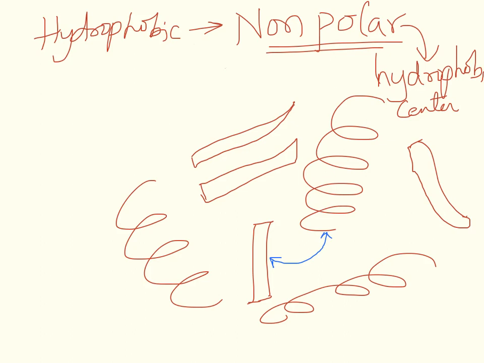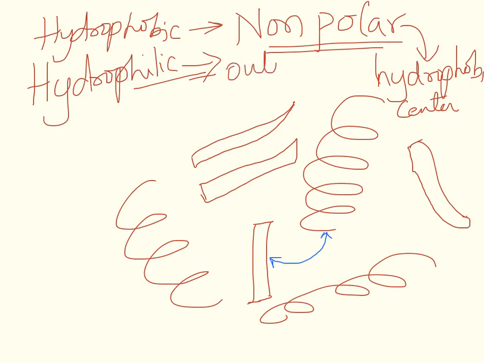Now, in the same way, all polar amino acids can group together and they can form the hydrophilic center. Okay, these polar R groups are pulled onto the outer surface of the protein where they can interact with the aqueous environment.